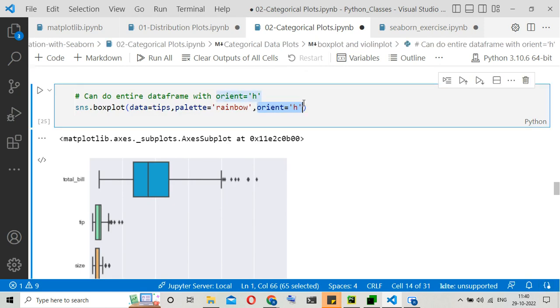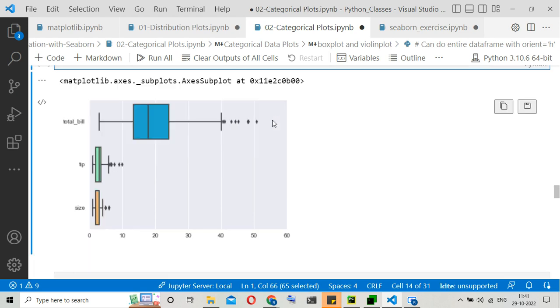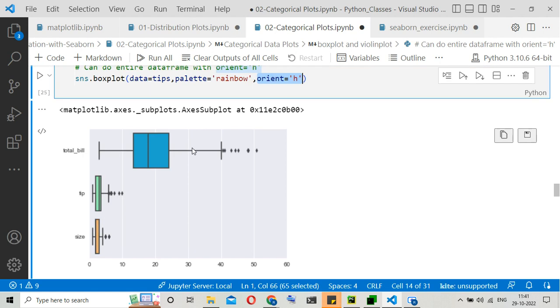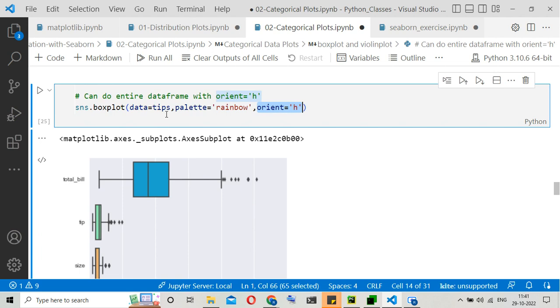Orient equals orientation, nothing but horizontal or vertical. Then this axis will change. You can look into different options. This can be done for the entire data set also.